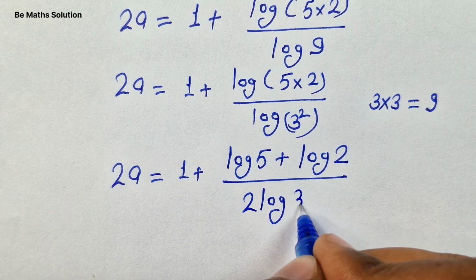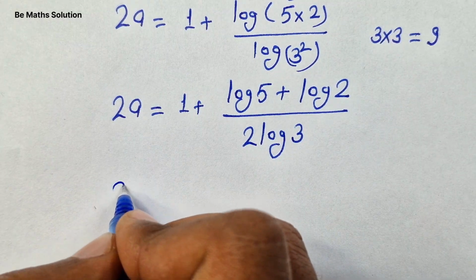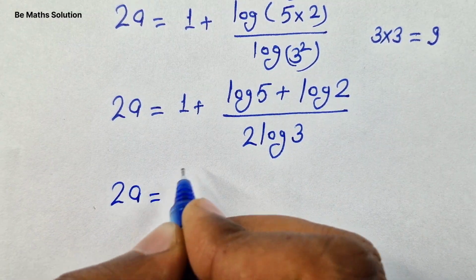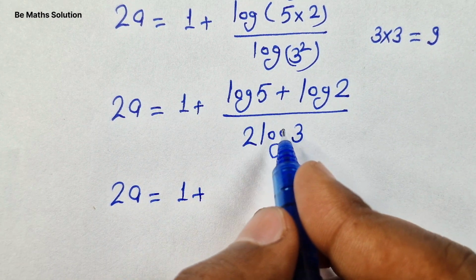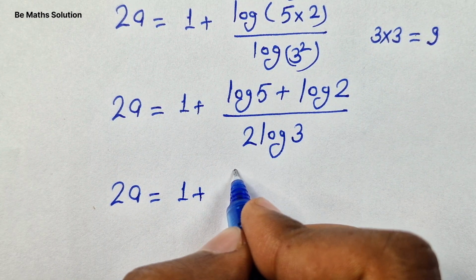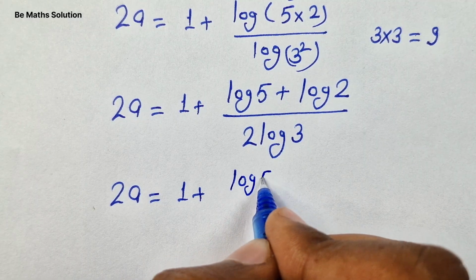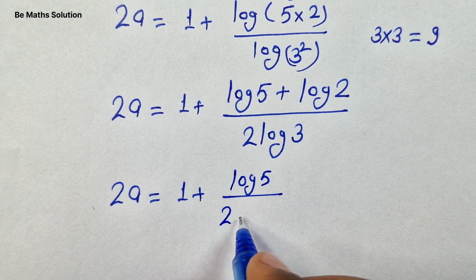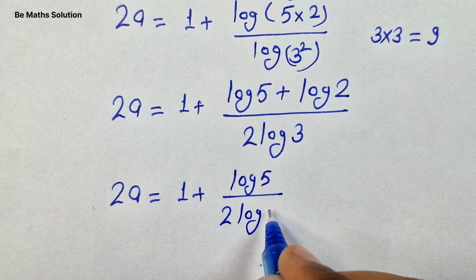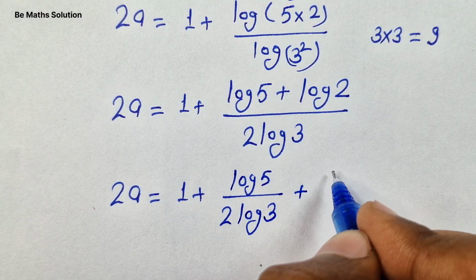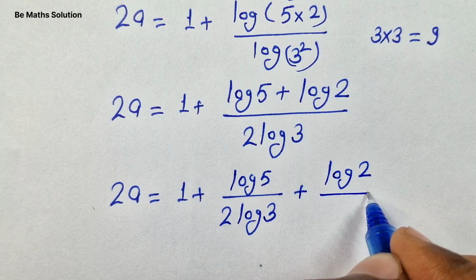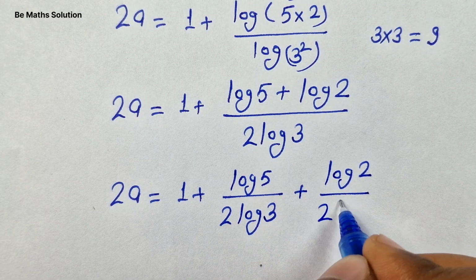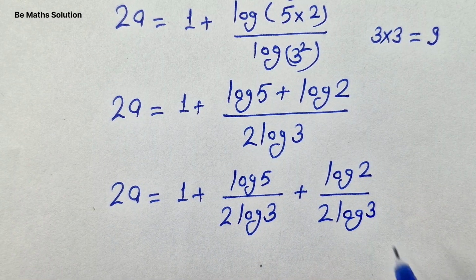So 2a is equal to 1 plus log of 5 divided by 2 log of 3, plus this part log of 2 divided by 2 log of 3.